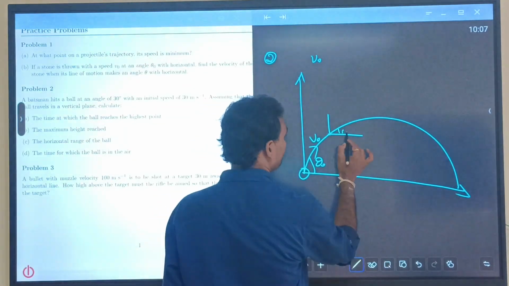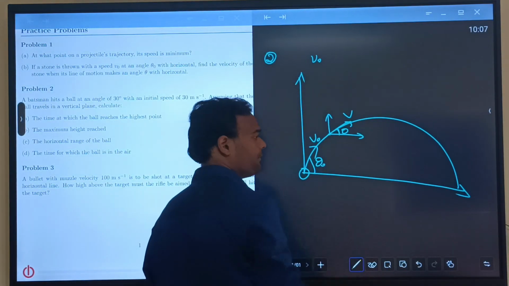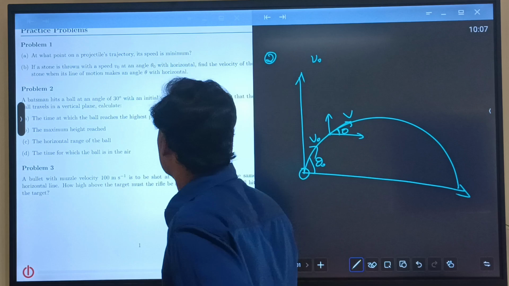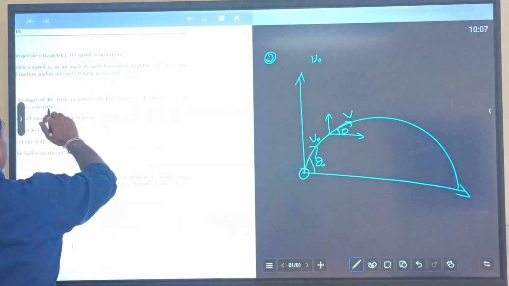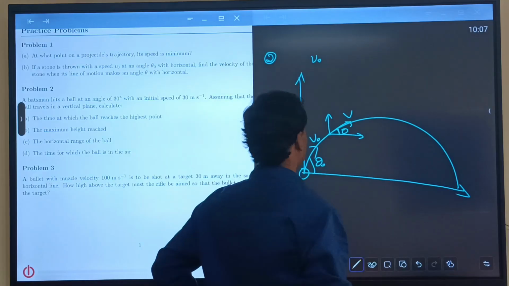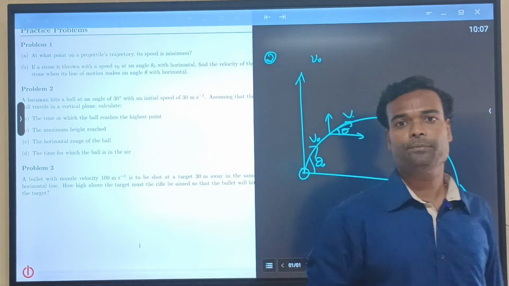That means when it is making an angle theta, it should possess a certain velocity v, and they are asking us to find what the velocity of the stone will be when its line of motion makes an angle theta.